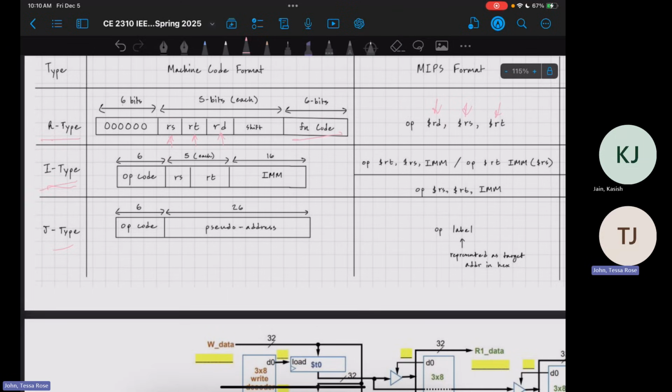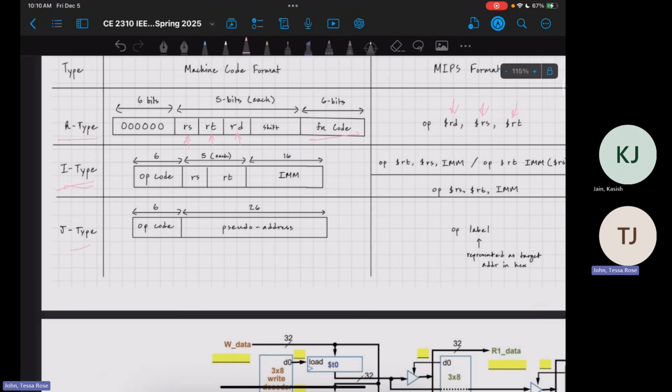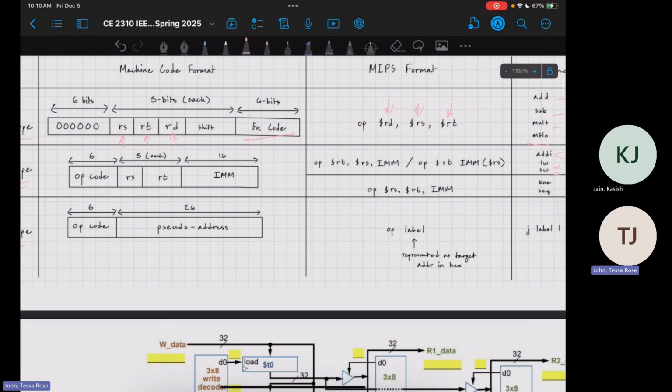There's the I type. These are the ADDI, the load word, and the store word, and also the BNE and the BEQ. That's equal to, and NE is not equal.